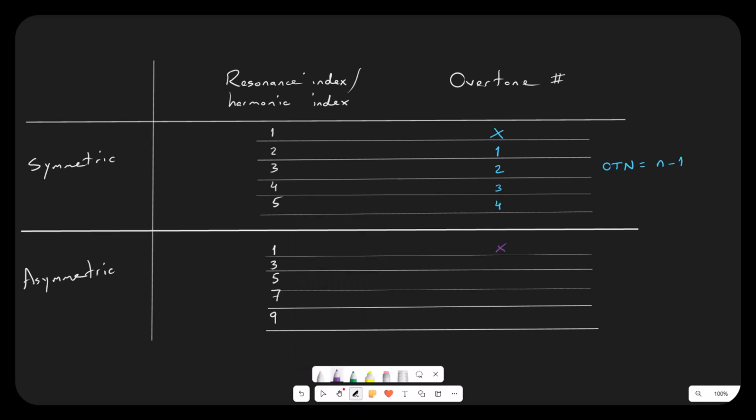First one, it doesn't count as an overtone. It can't be. It's not over anything. This is my first overtone. This is my second overtone, third, fourth. So now my overtone number is still how many available indices I am above my fundamental, but it doesn't line up the same way.